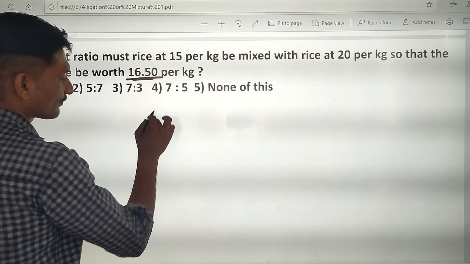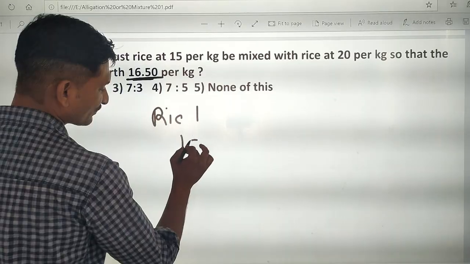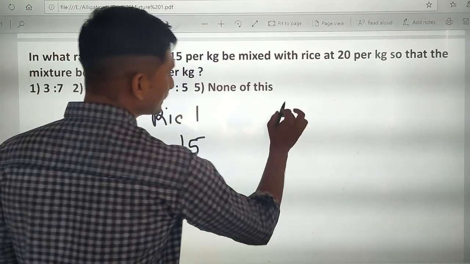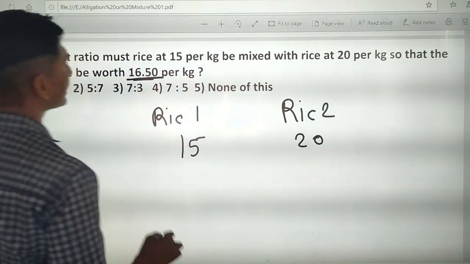There are two types of rice. Rice 1 is 15 rupees per kg and rice 2 is 20 rupees per kg. They are mixed.